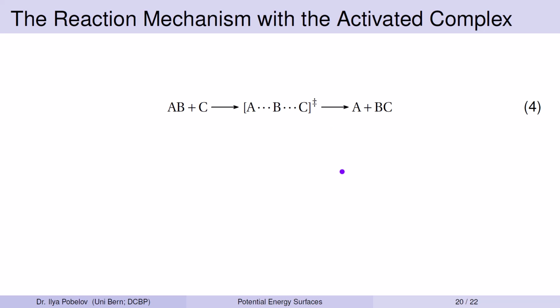We can now summarize the mechanism of the example reaction by explicitly including the activated complex. It proceeds as follows. The molecule AB and the atom C form the activated complex, which then breaks down into the atom A and the molecule BC.